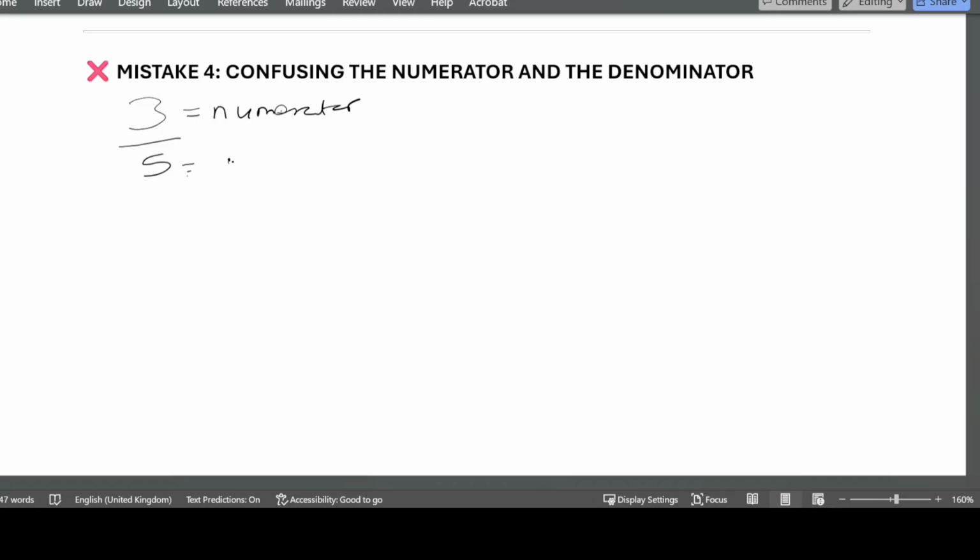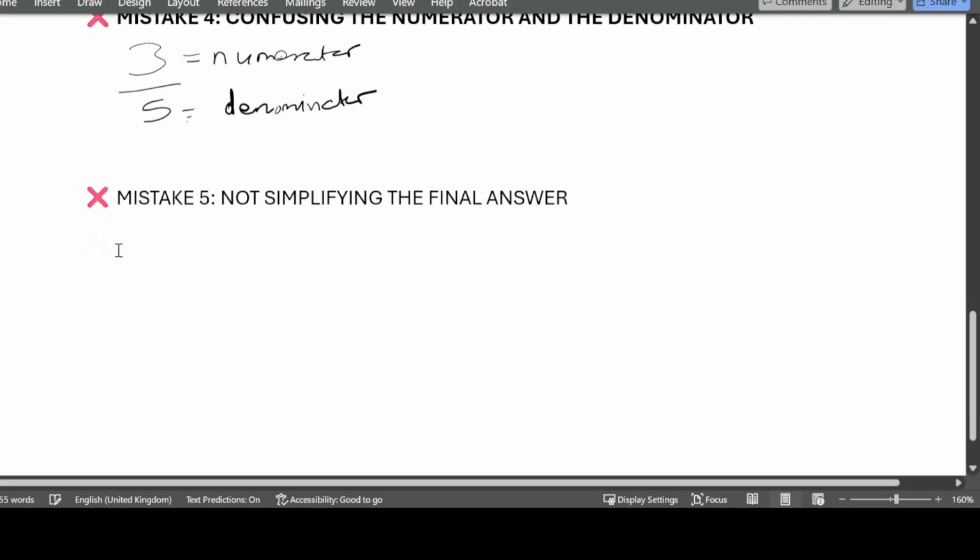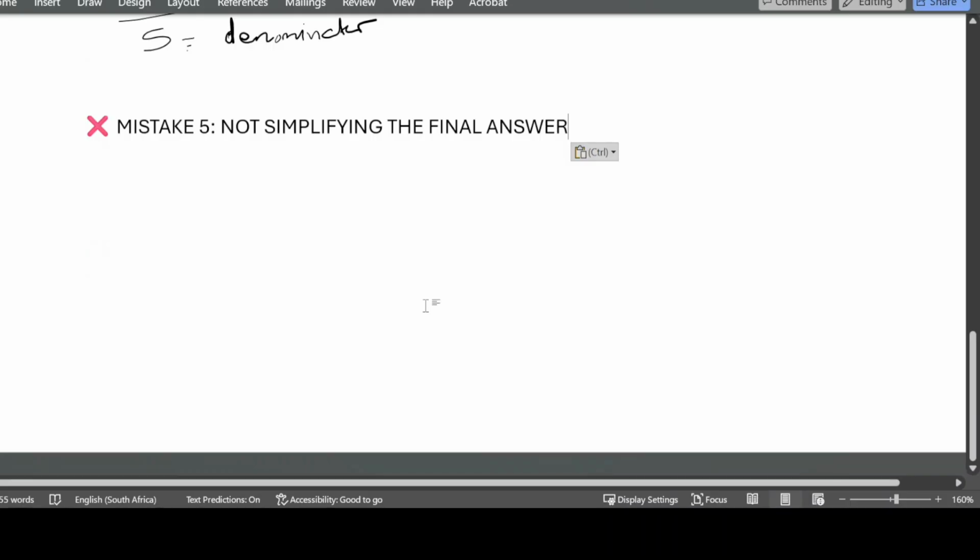The bottom one is called the denominator, and this shows how many equal parts make the whole. Do not mix them up, they have different meanings. So the top is the numerator, what we're looking at, and the bottom is the denominator, how many parts form the whole.